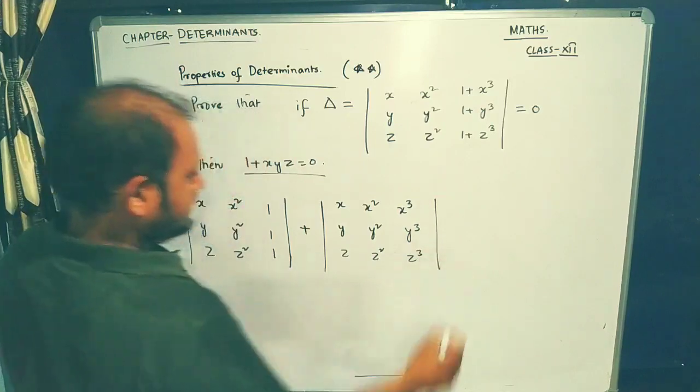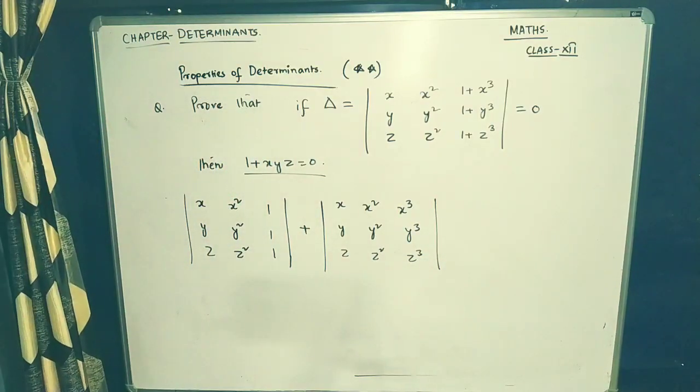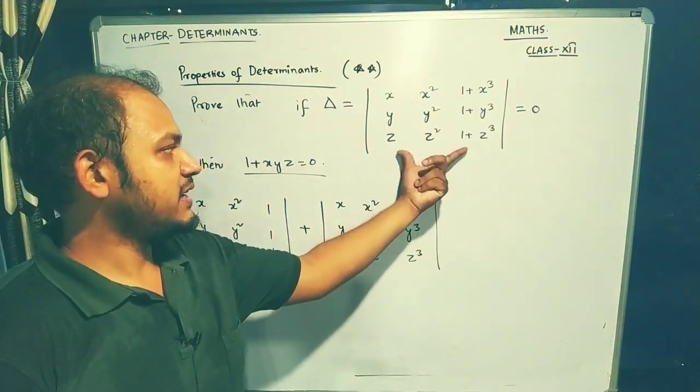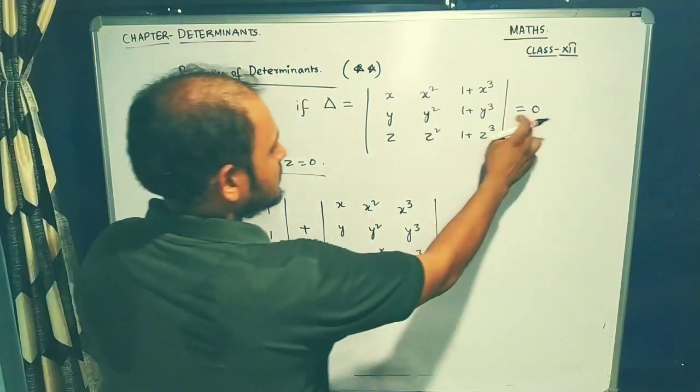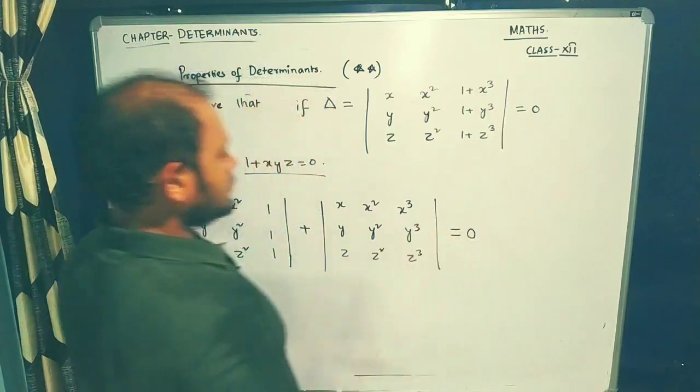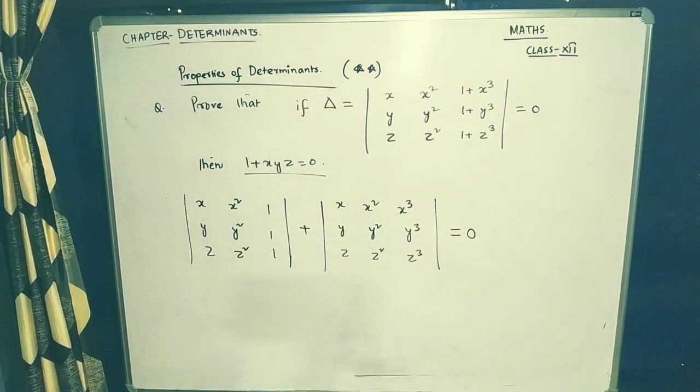Okay, according to property number 5, I can write this left hand side like this as a sum of 2 determinants, and according to question this is equal to 0.